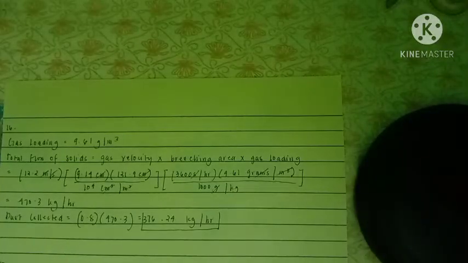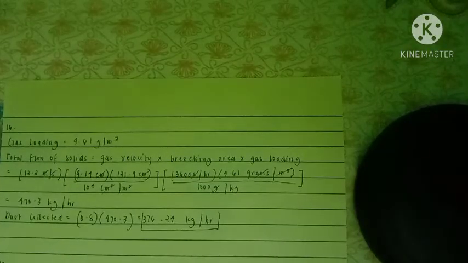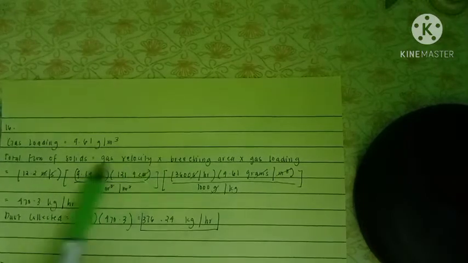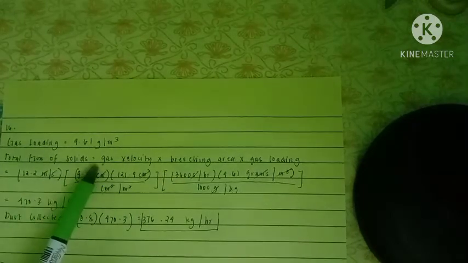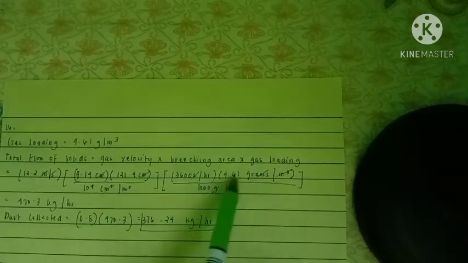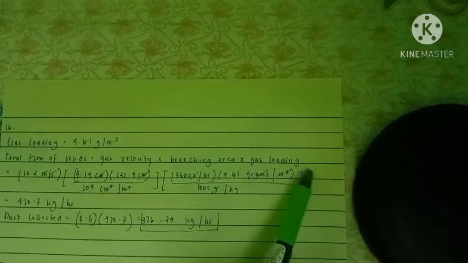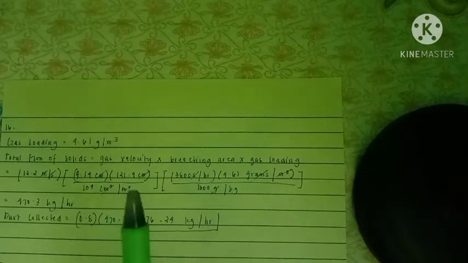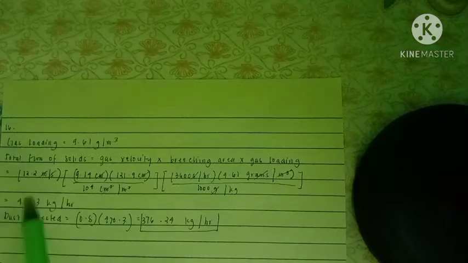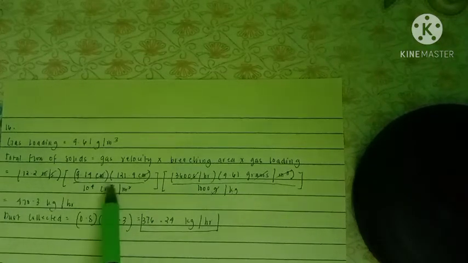So for number 16, we have a gas loading of 9.61 grams per cubic meter. The total flow of solids is equal to gas velocity multiplied by breaching area times gas loading. Our required here is the dust collected, so first we have to solve for this.